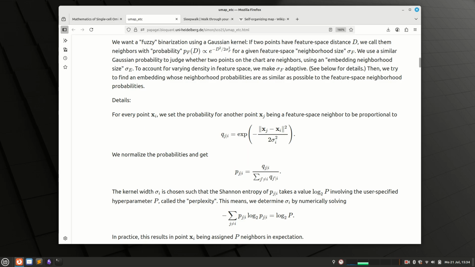The first thing that they wanted to do is: how do we choose the sigma i? And they came up with a rather involved thing. They said, let's look at the entropy of these probabilities, and we want the entropy to be log 2 of p, or some value. The idea behind this might be that you want to get a high entropy, so the probabilities have to be different. If you had maximum entropy, all the probabilities would be the same, and that would correspond to infinite kernel width.